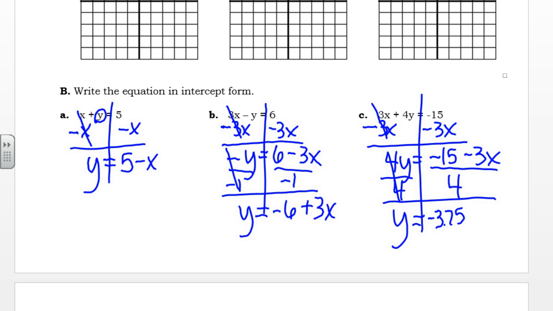That would act as my intercept. And then minus 3 divided by 4 is 0.75. That would be my slope. If you wanted to leave it in fraction form, it's actually better in fraction form because then you go down 3 over 4, down 3 over 4. Much easier than down 0.75 over 1, down 0.75 over 1.